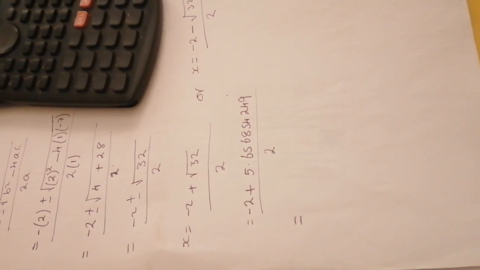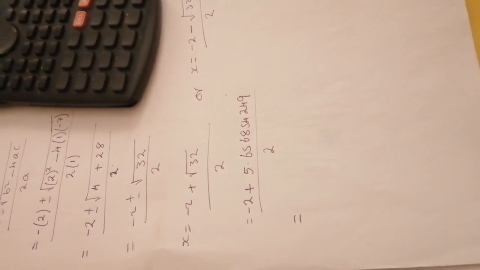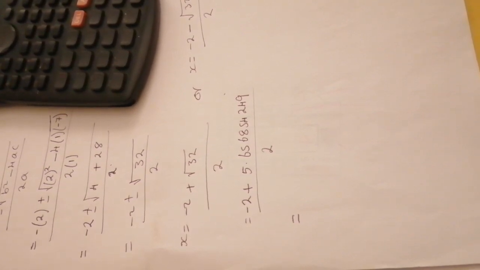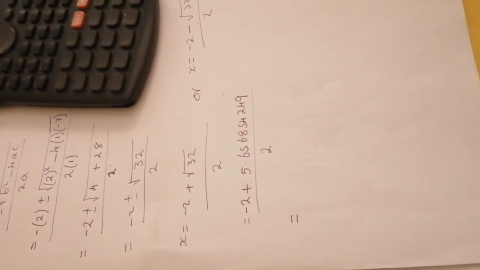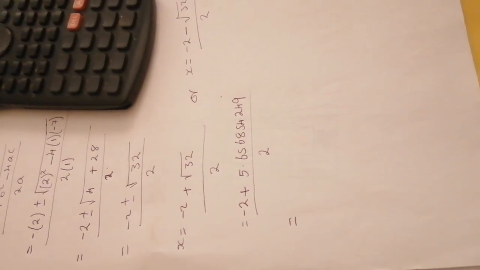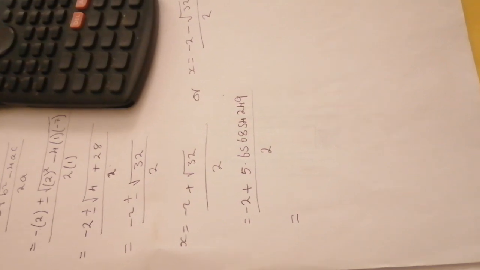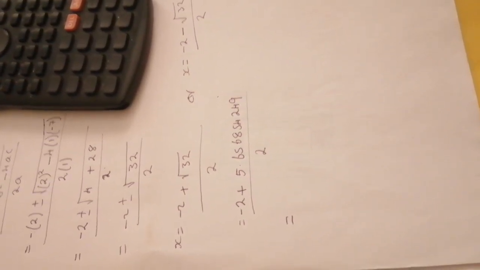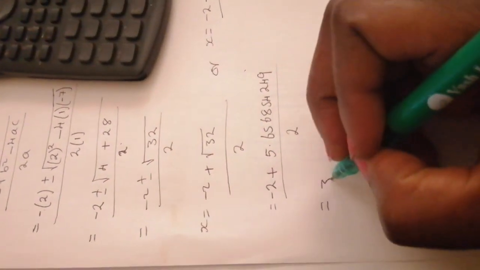If you have that scenario, then you need to subtract the figures, and the answer gets the sign of the bigger number. So 5 is bigger than 2 here, and 5 is positive, so the answer is going to be positive. Simply say 5.6568542449 minus 2, and that's giving us 3.